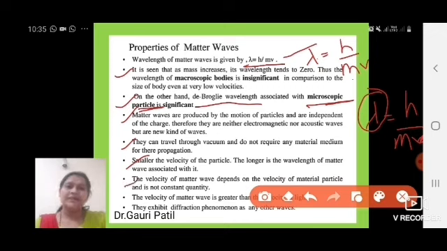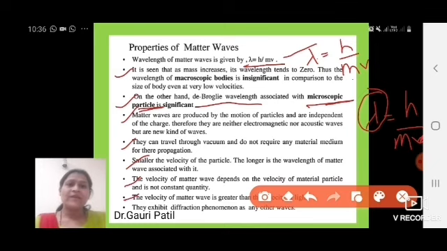Then the velocity of the matter wave depends on the velocity of the material particle and is not a constant value. Matter waves are always associated with moving particles, so they should have a velocity.